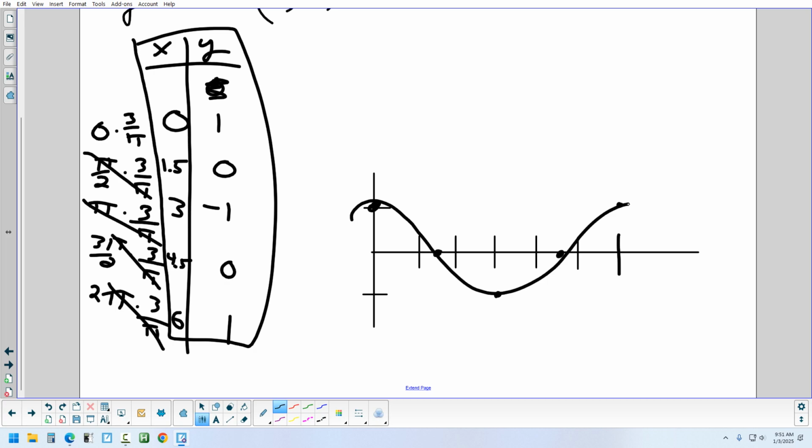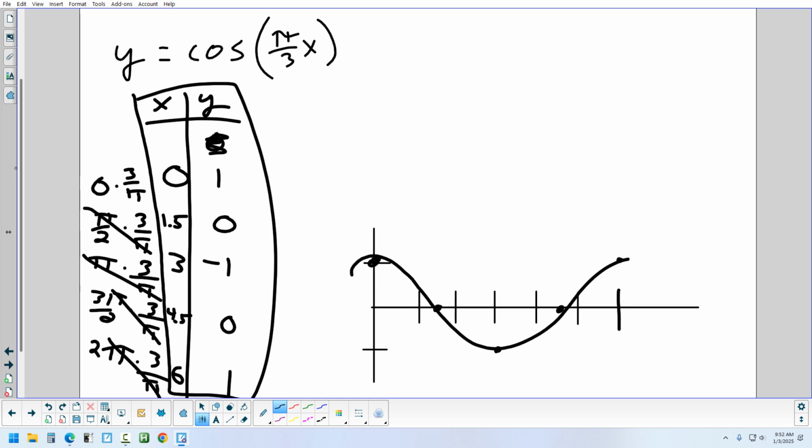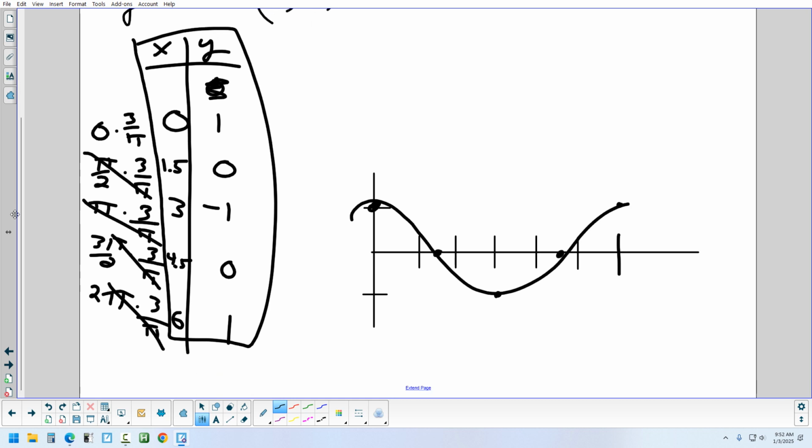Okay, and did that stretch or compress the graph? Yeah. Stretched it, I believe. What's the period length on that? Never mind, you compressed it. Yeah, what's the period length there? 6. What's the normal period length as a decimal? 6.28.